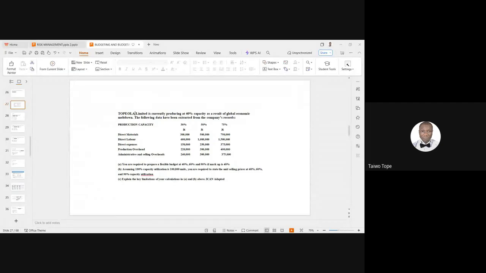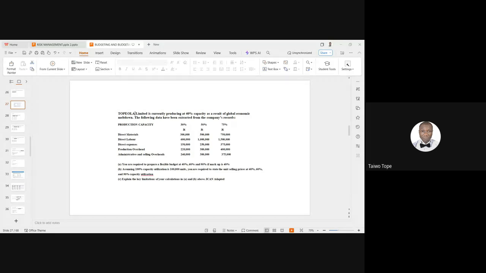At that level, we can place the percentages: 60% of our variable costs at 60% activity level, 40% at 40% activity level, and 90% at 90% activity level.